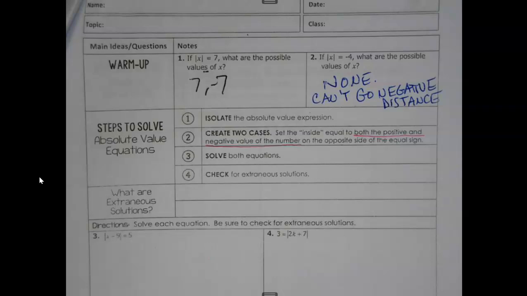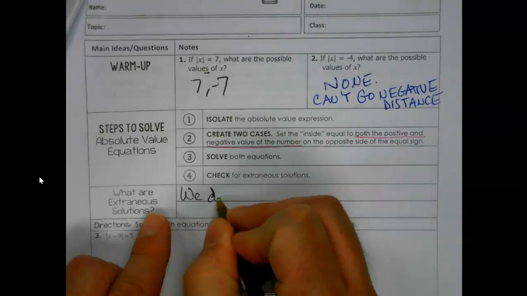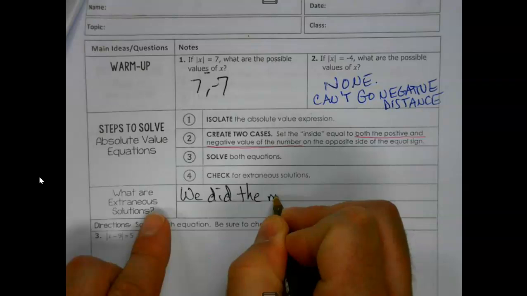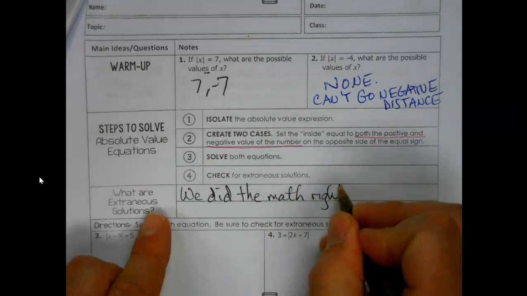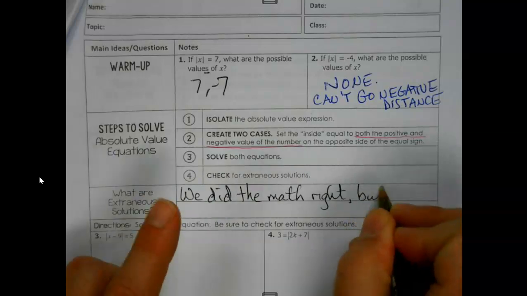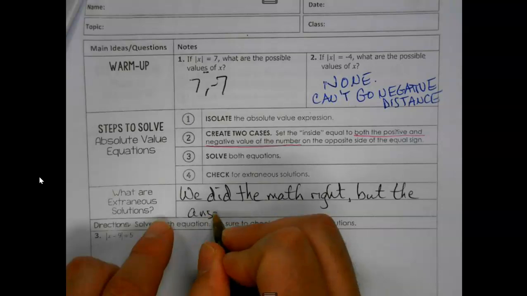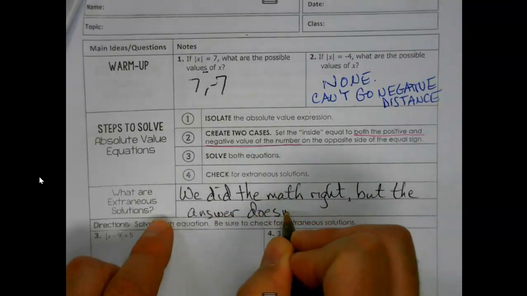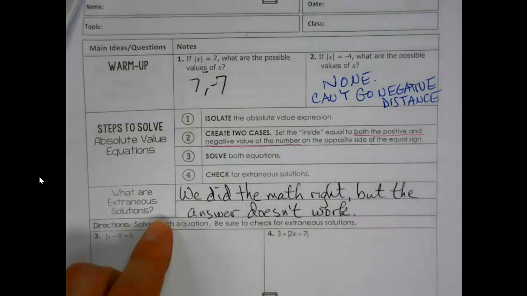That sounds so technical. Extraneous solutions occur when we did the math right, but the answer doesn't work. And this doesn't happen very often in math.